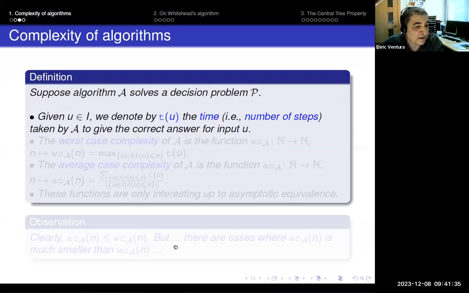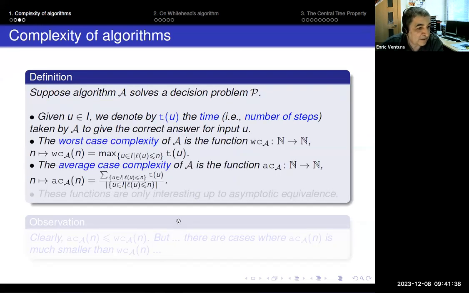Okay, and the notion of complexity, worst case or average case, is what everybody knows. The time taken by an algorithm over a particular input is the number of elementary steps, however you count them, taken by the algorithm to give the correct answer on u.